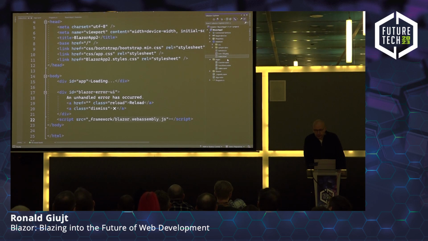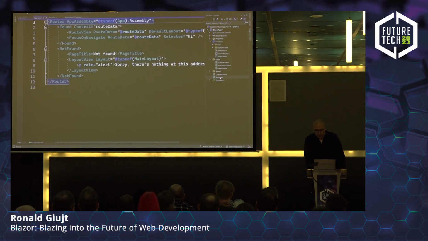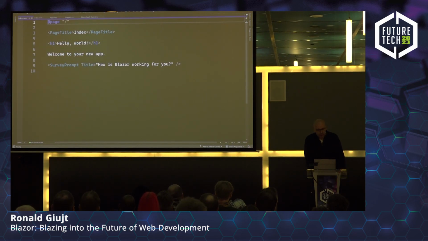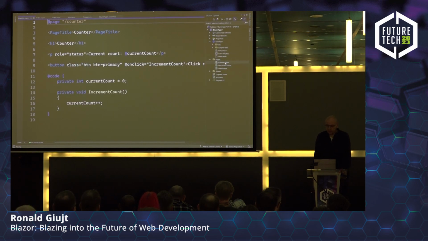When we take a look at the components, starting from app.razor, it's exactly the same, right? App.razor is also the router, found, not found, and so on. When we go to index.razor, we have the page directive with a slash, it's exactly the same. The counter as well, same code.